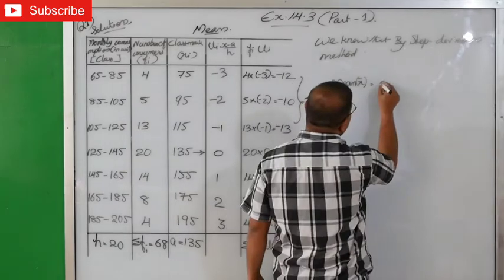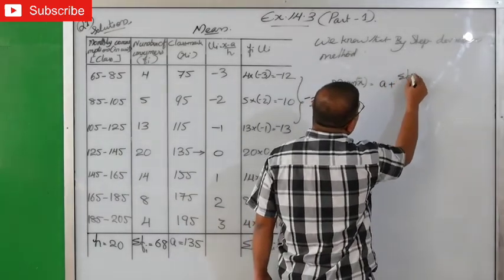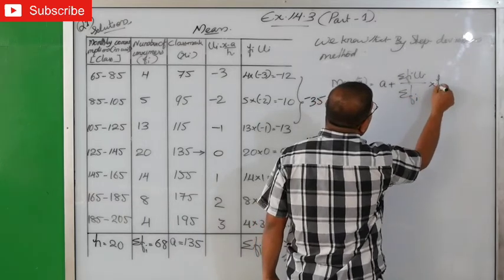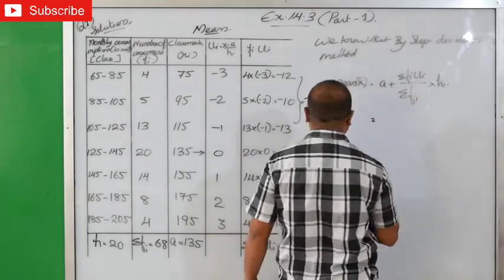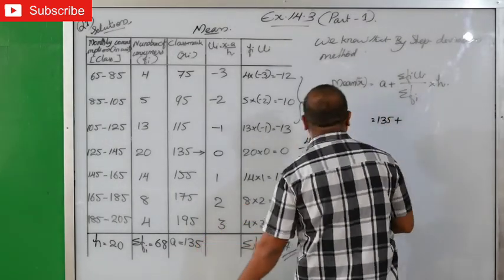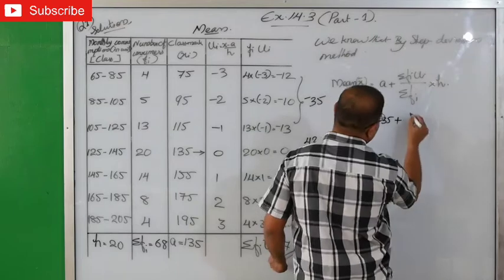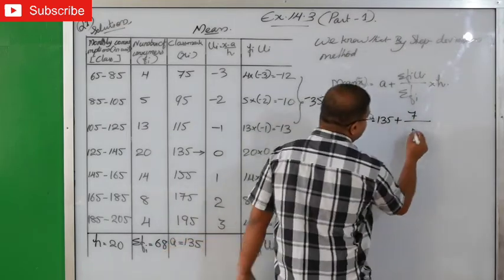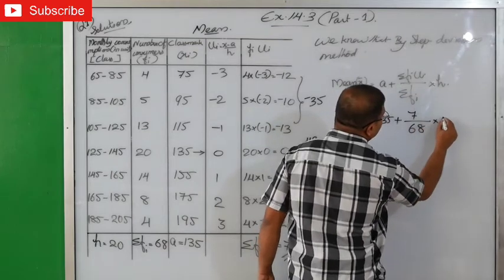A plus sigma fi ui by sigma fi, into h. A means 135, plus sigma fi ui, 7, divided by sigma fi, we got it, 68, into h, 20.